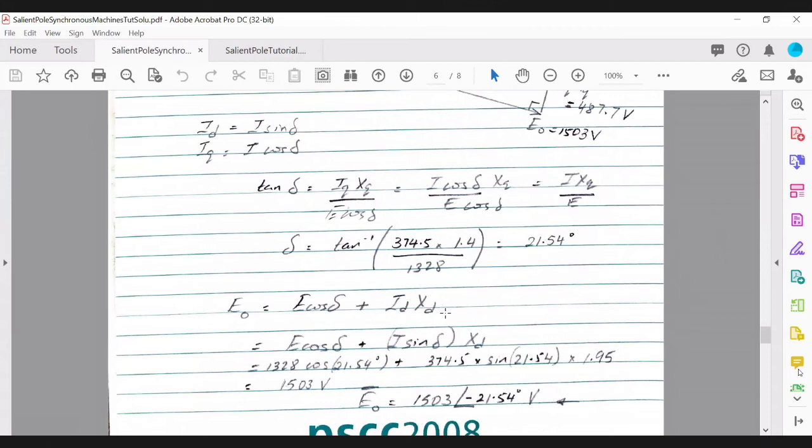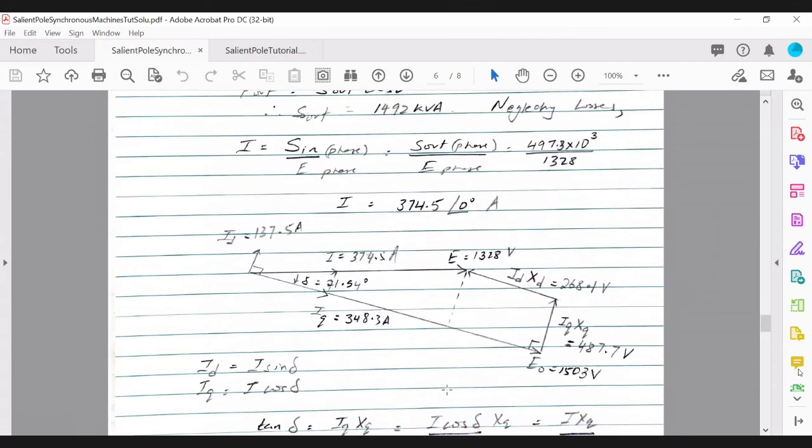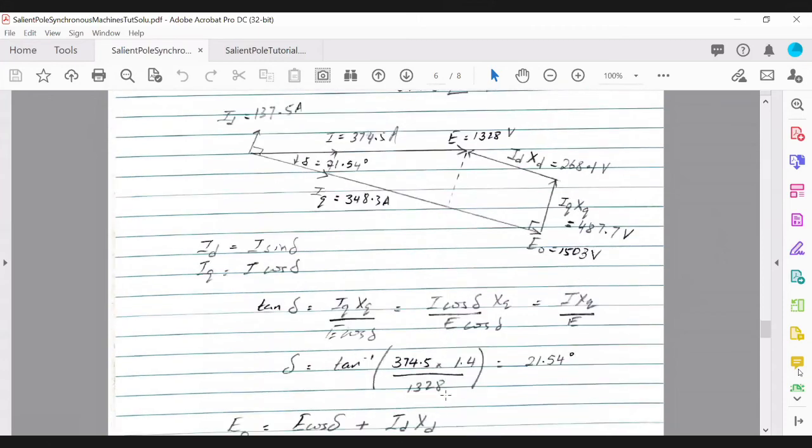So using this equation, we can solve for the induced voltage, and using the angle, we can also write the induced voltage in vector form. Okay, so that's how your phasor diagram looks for a motor operating at unity power factor, right?